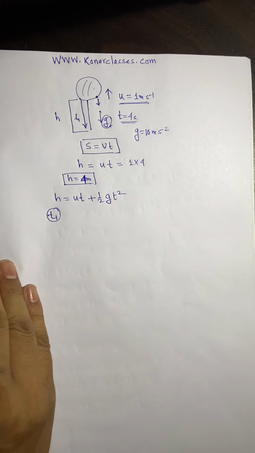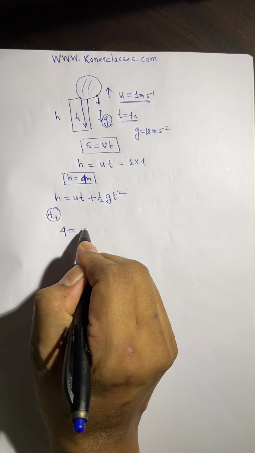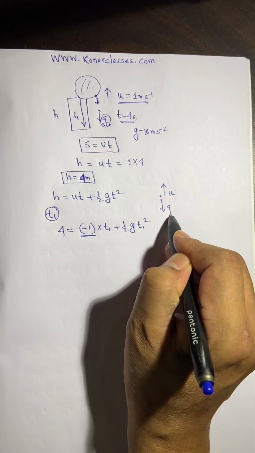Then putting the values here, 4 equal to ut, it will be minus 1 into t1 plus half g t1 square. The main point to be noted here is that we are putting u as minus 1. The direction we are considering: u is in the upward direction, and at the same time g is acting in the downward direction.